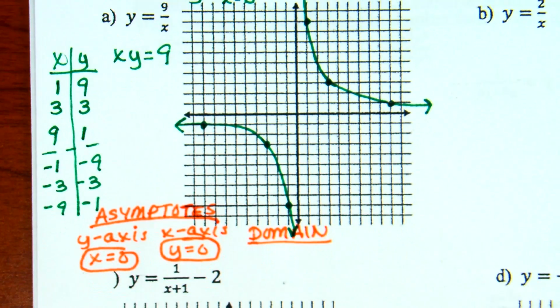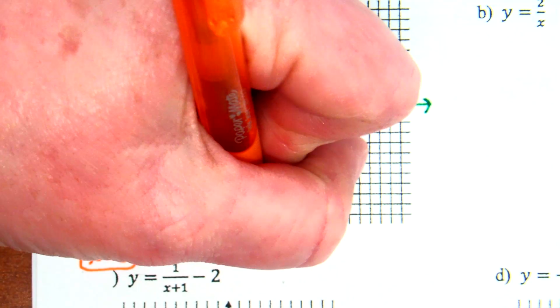What was our vertical asymptote? X equals 0. That right there, your vertical asymptote, which is x equals a number, is our exception, because it's that asymptote that our domain can't touch. So all reals except x equals 0. That is domain.